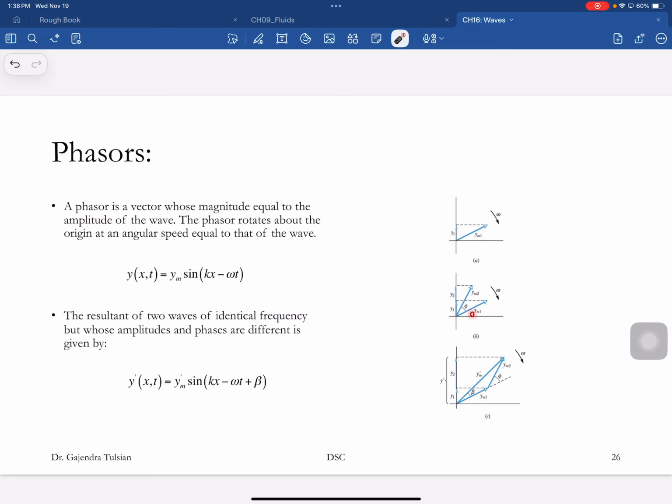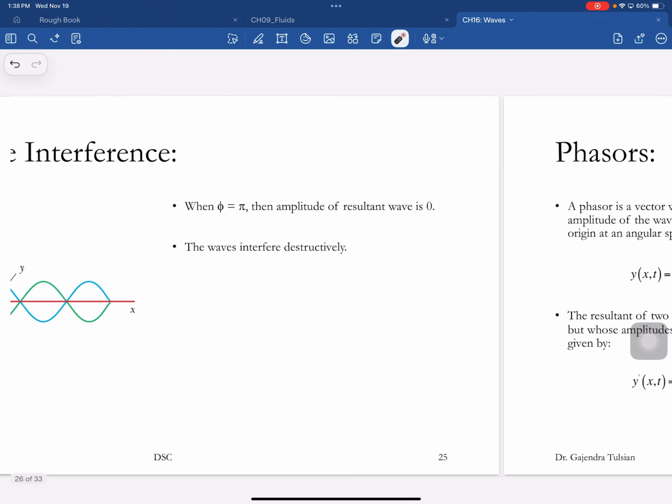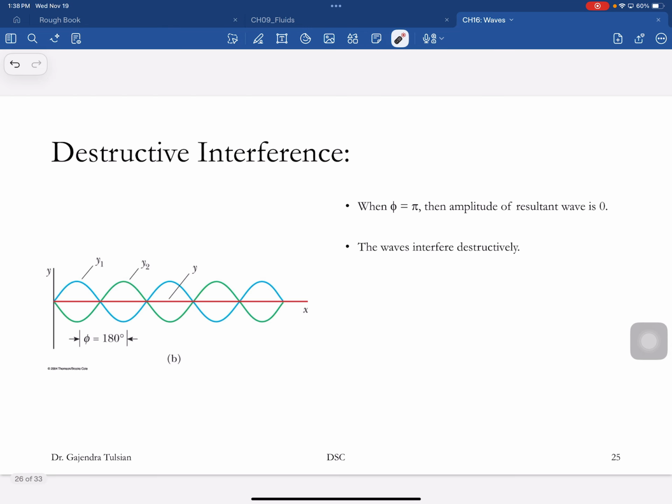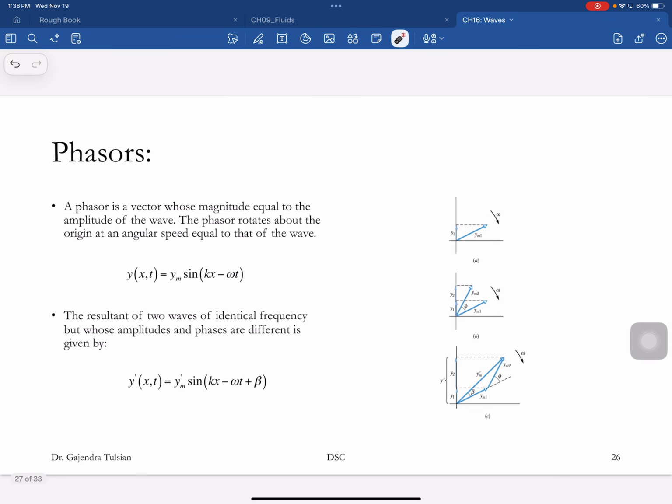When you want to combine two vectors with phase difference of phi, there's this vector. So you're combining this vector with the phase difference of phi. You combine this and this, you add these two vectors, and there's your resultant vector. And the instantaneous value is just the y component of that.